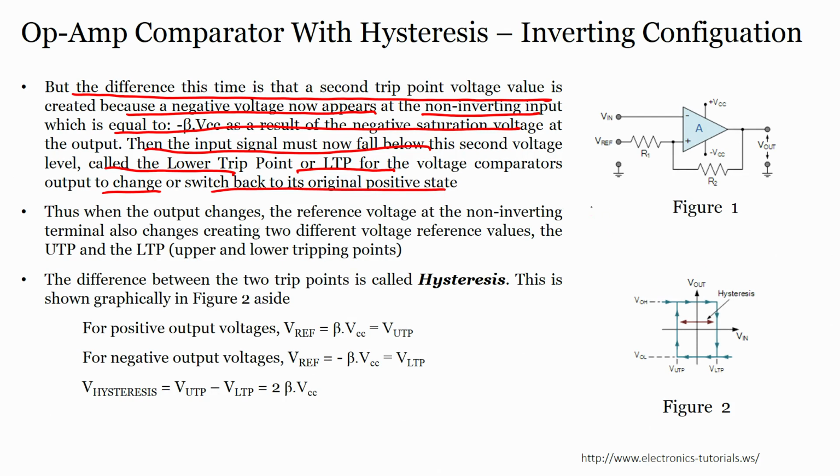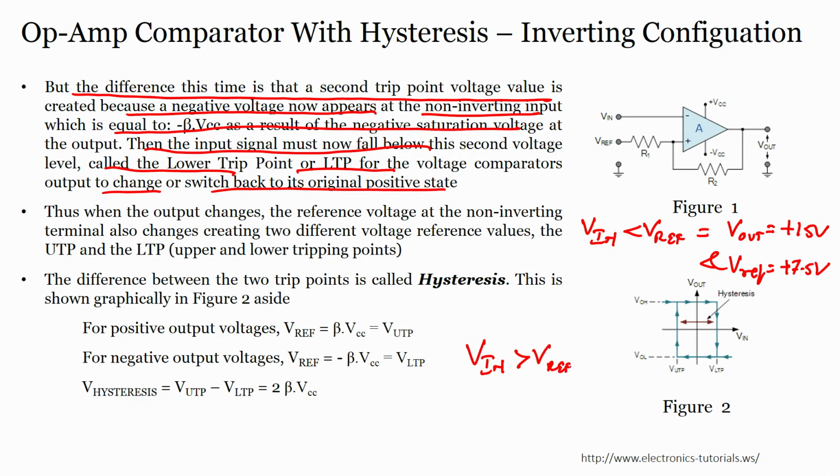So, what we have to understand is when Vin is less than Vreference, my output voltage is plus 15 volts and the reference voltage would be plus 7.5 volts. When my Vin is greater than Vreference, my output voltage will be minus 15 volts and my Vreference would be minus 7.5 volts.